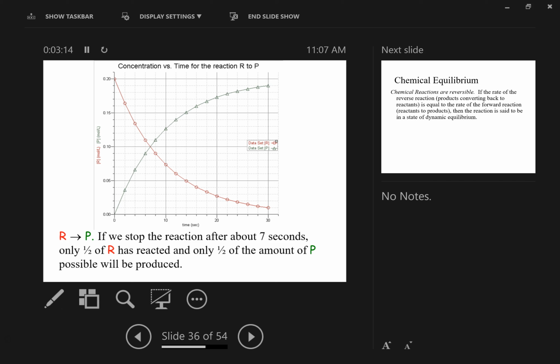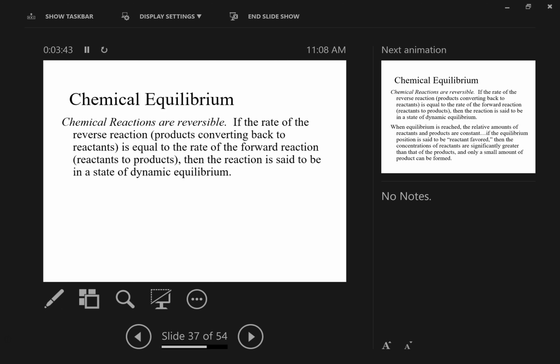What this slide says is if we were to squelch it at about 7 seconds, that is the intersection of the reactants decreasing and the products increasing. You're only halfway through your reaction if you stop at 7 seconds. I don't know about you, but I get impatient for my toast to come up in the morning. So 7 seconds might be, I just can't wait. Reaction kinetics: did we give it enough time?